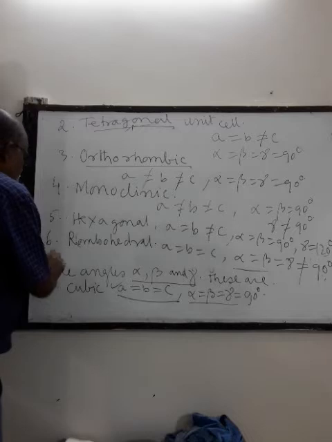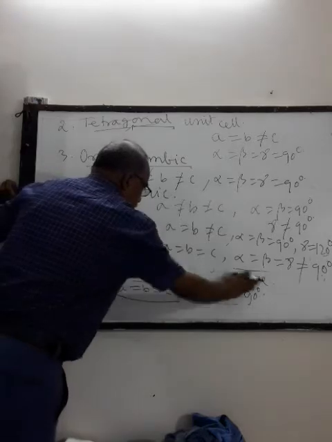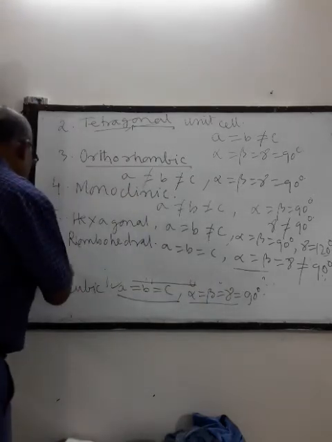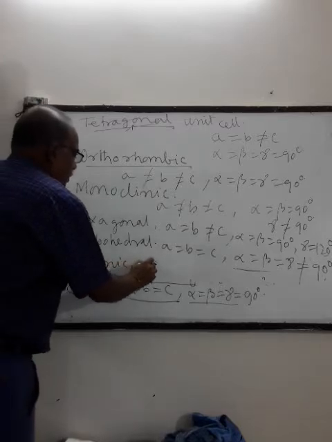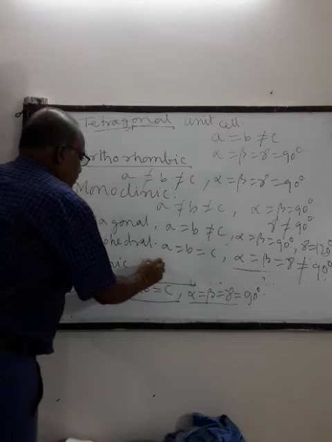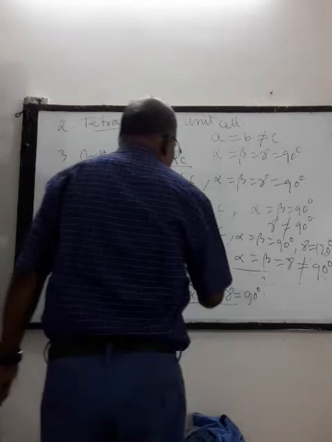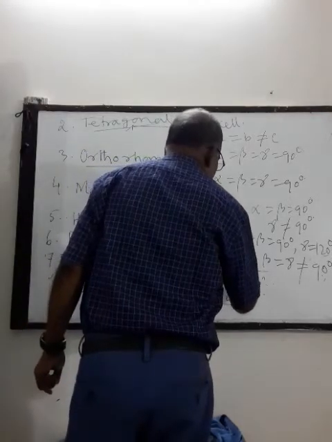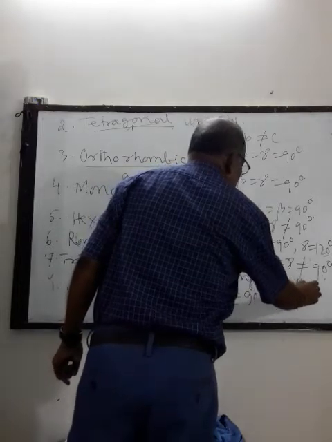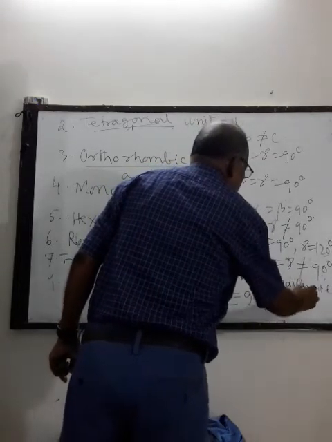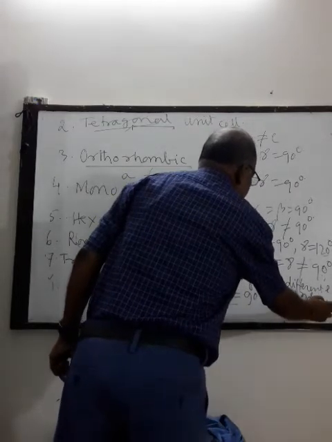And the last one is called triclinic, where all three sides are different, all angles are different, and not equal to 90 degree.